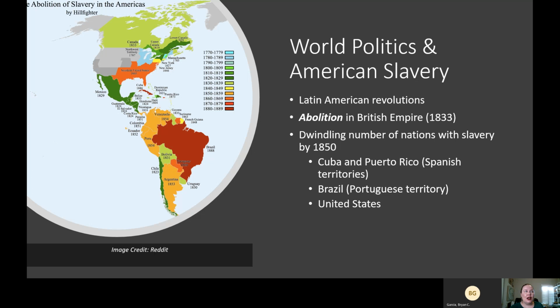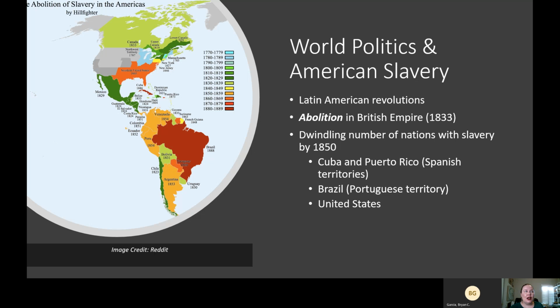The example that probably strikes the most fear into the heart of slave owners in the South is the Haitian Revolution, which is actually the first successful slave rebellion in world history that establishes the independent nation of Haiti. And so a lot of Southerners were looking at the example of Haiti as their worst fear, that slaves would realize their advantage in numbers, that they would rise up against their white masters and also kill a bunch of them.